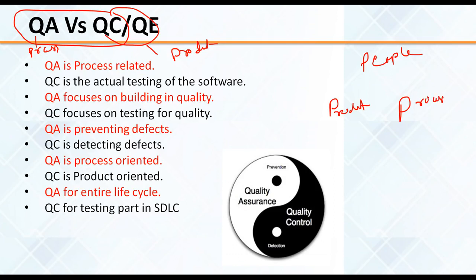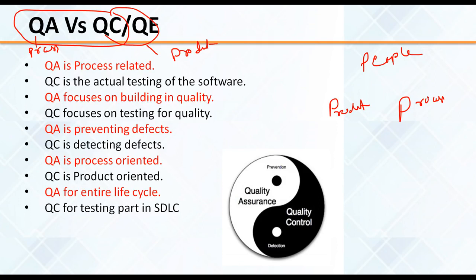These are the three important key areas we need to focus on. Every software industry has people, every software industry produces a product, and every software industry follows a certain process.